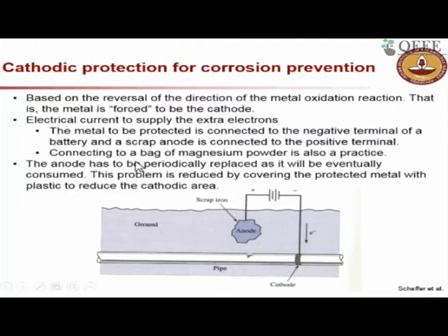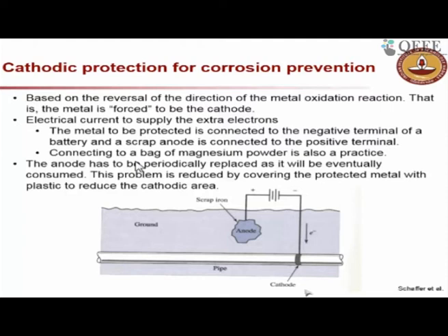What we do, this is an example shown on a buried pipeline, where we expect that this pipe is going to corrode. Corrosion is what? In the anodic reaction, if you remember, there is a release of 2 electrons and the Fe2+ ions. So if we can prevent that release of electrons, that means, if 2 electrons are released, that is what is meant by corrosion.